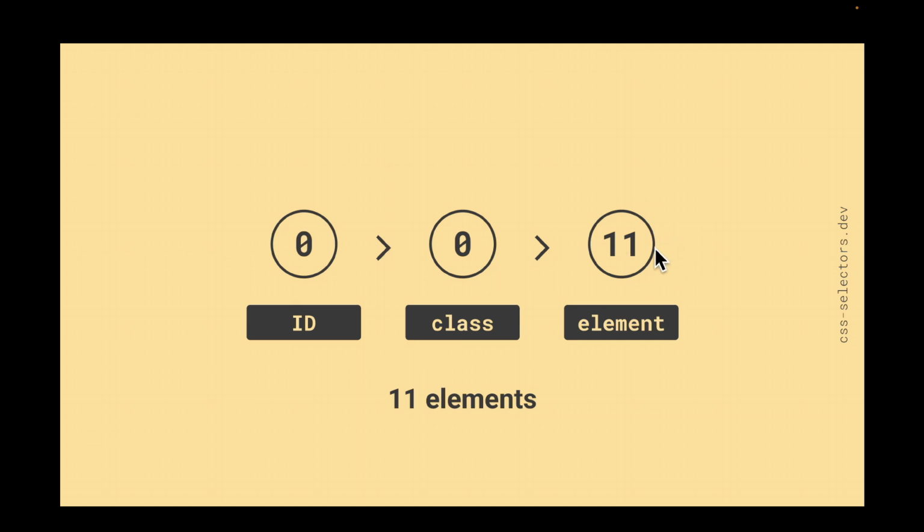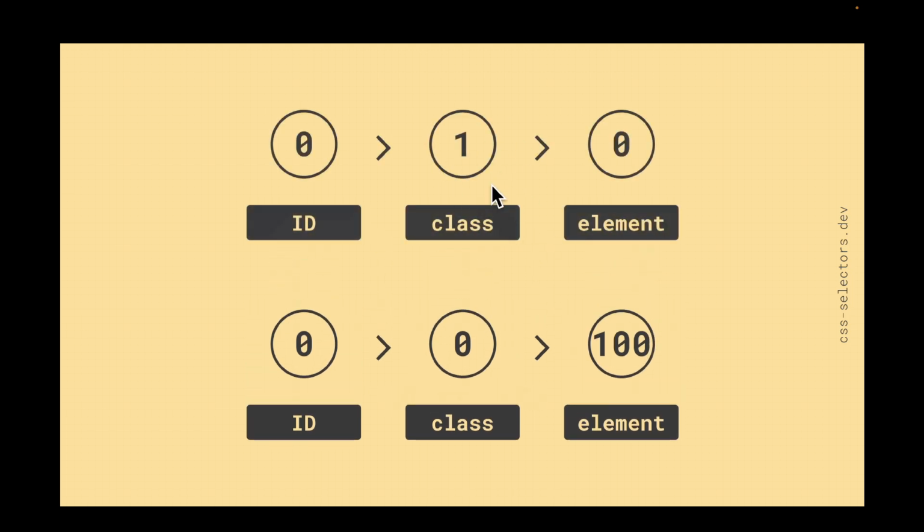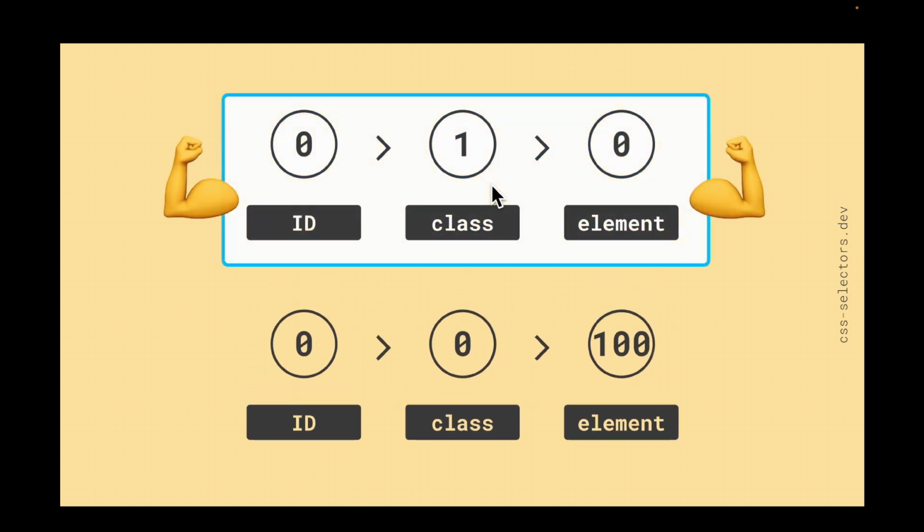That means no matter how many type elements we have, let's say 100, which will be 0, 0, 100, only one class selector will have higher specificity than 100 type selectors. This is very important to understand when you work on CSS, so that you know why certain styles get applied over other styles to the HTML elements.